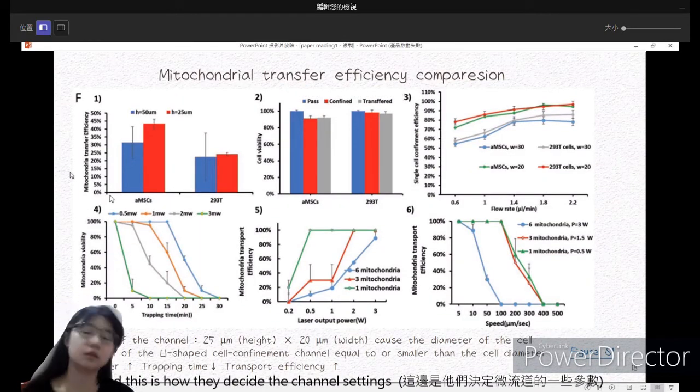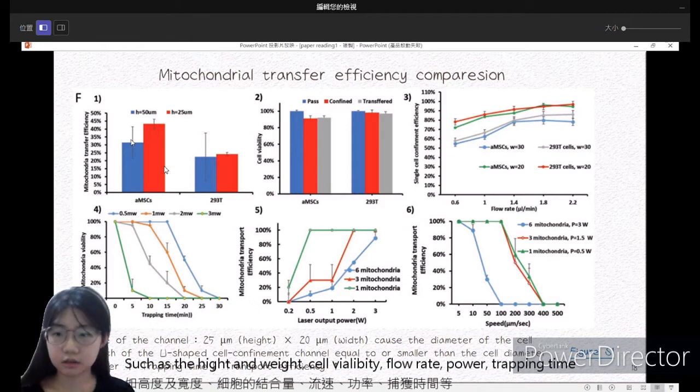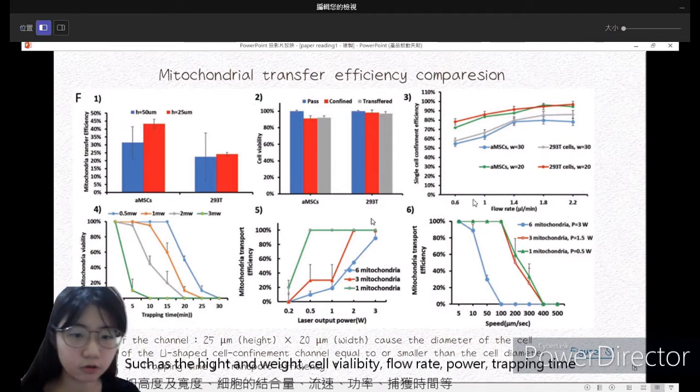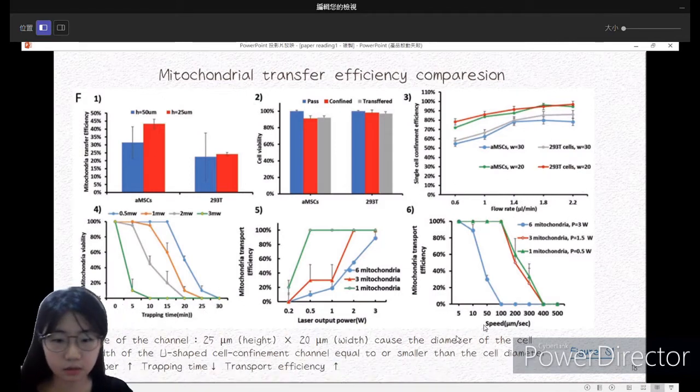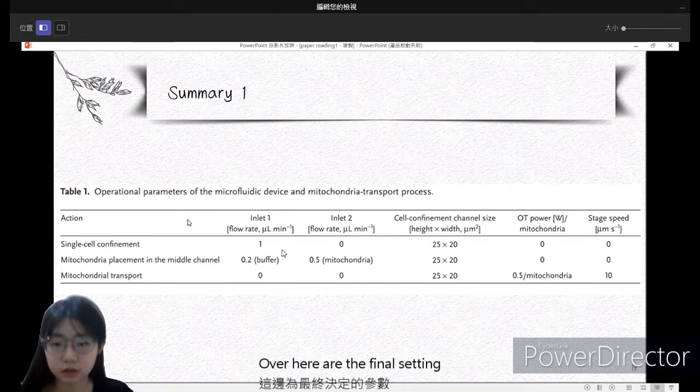And this is how they decide the channel settings, such as the height, cell availability, the flow rate, the power, trapping time, such as like this. And next, they decide like this one for a summary.